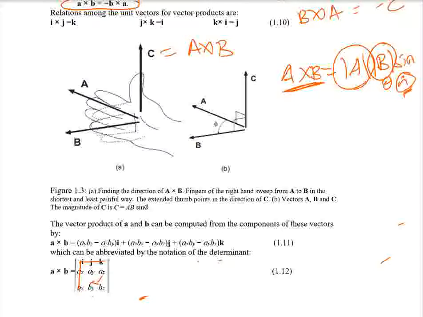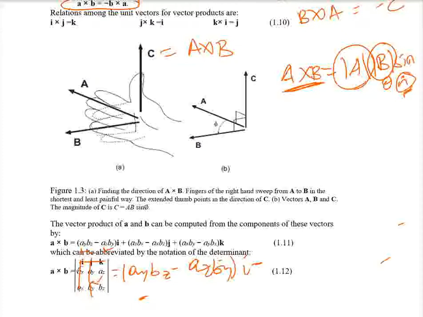The first one is positive, therefore this one is equal to AY BZ minus AZ BY in the I. And then it's what? Minus, because J is minus, I is plus, and this one is minus, this one is plus.